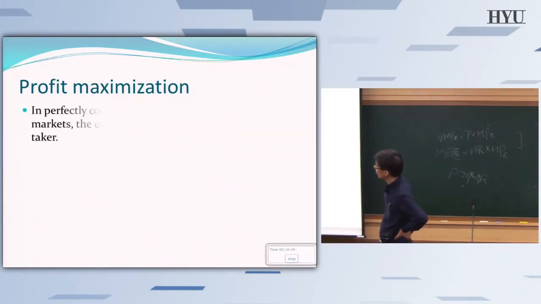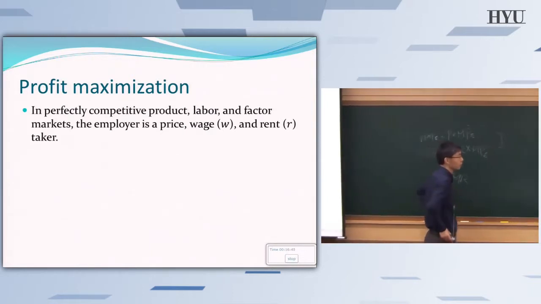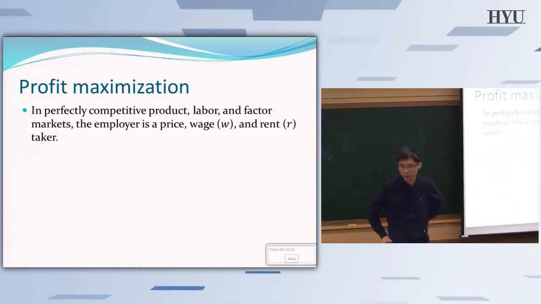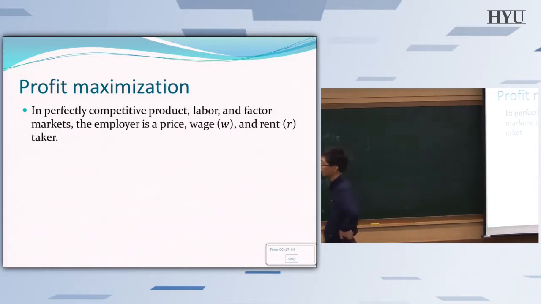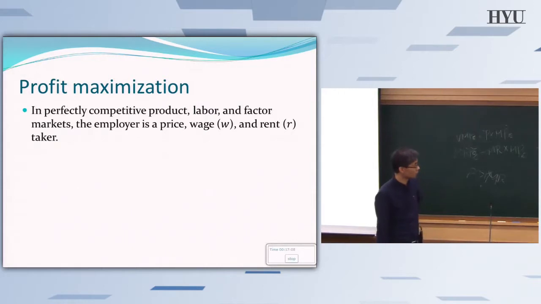So the profit maximization condition, if every market is perfectly competitive, meaning that the product market is competitive, the labor market is competitive, the capital market is competitive, then the employer is a price taker, wage taker, and rent taker. So we assume every market the employer faces is competitive.